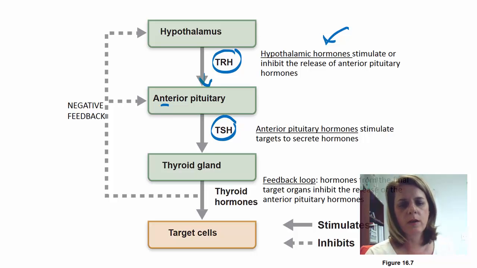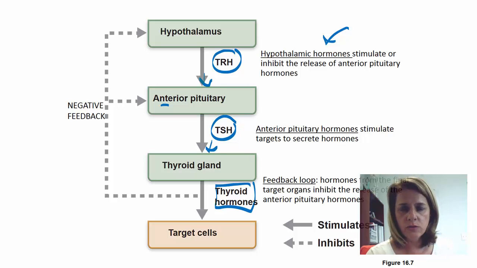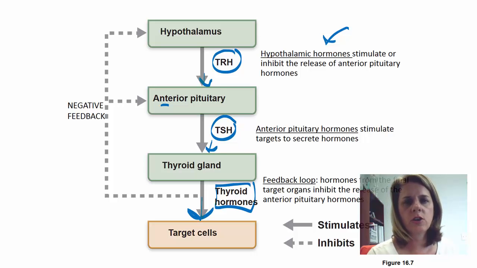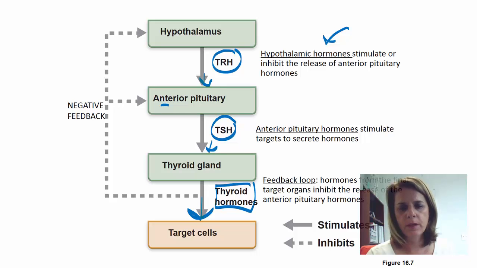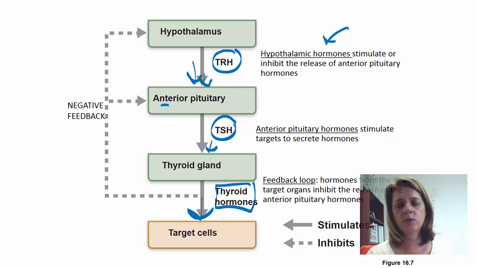Thyroid stimulating hormone will then travel through the blood to the thyroid gland. It will stimulate the thyroid gland to release its own set of hormones. These hormones are what actually go out to the target and do stuff. So the hypothalamic hormones act on the anterior pituitary.